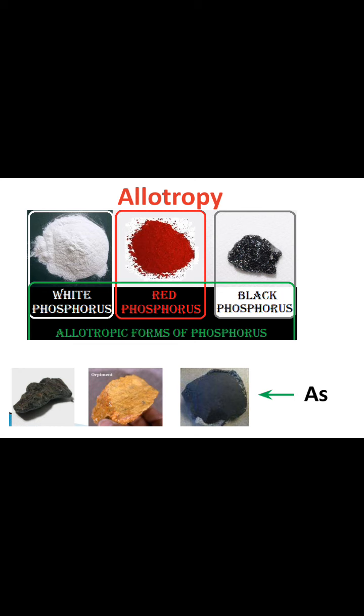As we increase the temperature, this allotropic form shifts. Phosphorus also shows allotropic forms. Three allotropic forms are possible for phosphorus: white phosphorus, red phosphorus and black phosphorus. Similarly, arsenic shows 3 different types of allotrope: yellow arsenic, grey arsenic and black arsenic.